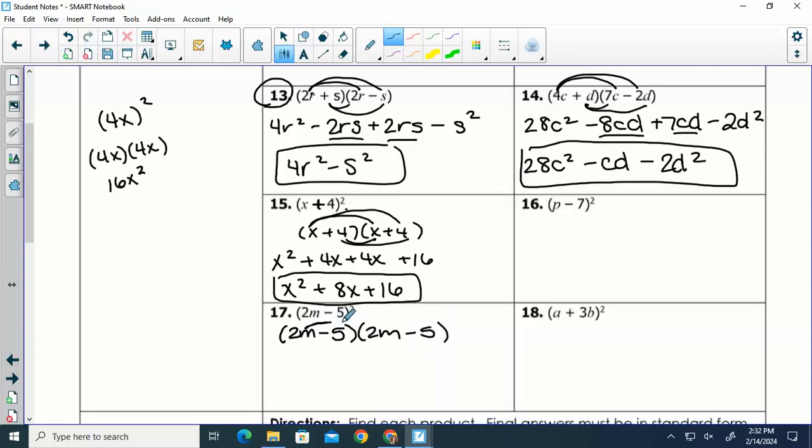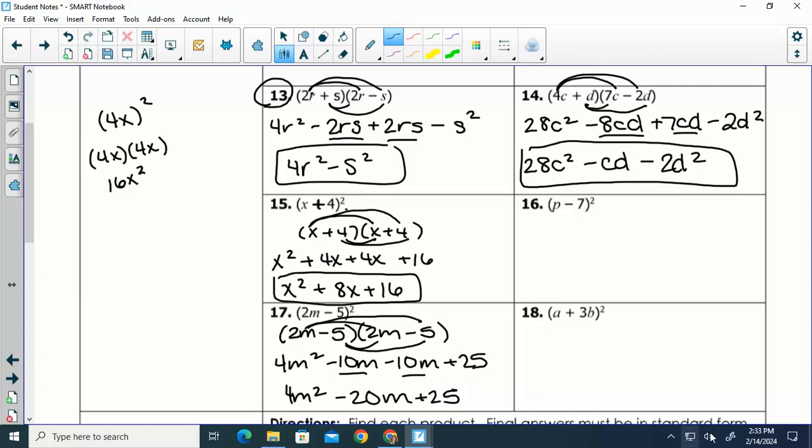So 2m times 2m would be 4m squared. 2m times negative 5, negative 5 times 2m, and negative 5 times negative 5. So we have 4m squared minus 20m plus 25.